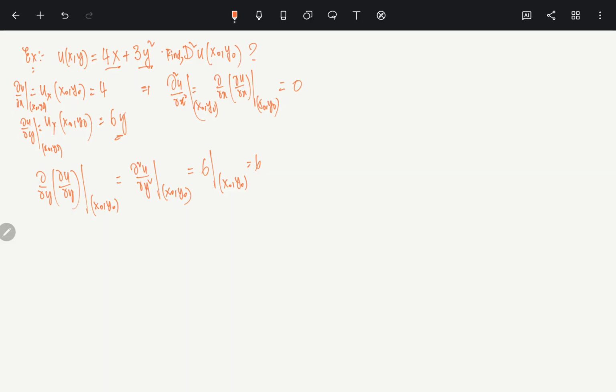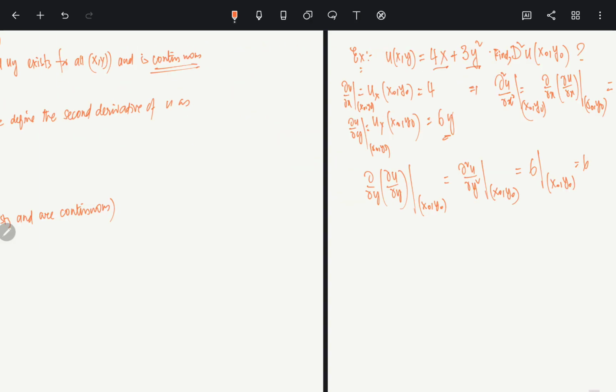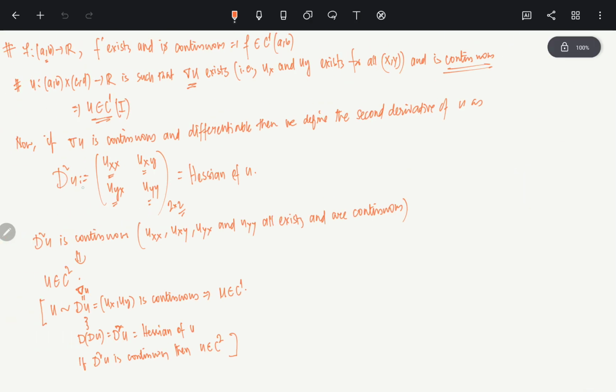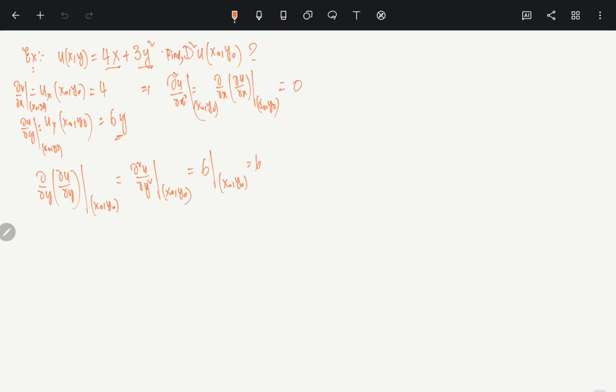Clear? Now we also have to figure out the mixed terms uxy and uyx, since d2u contains them. Generally del u del x of del u del y we will call u of yx, meaning uy with respect to x.